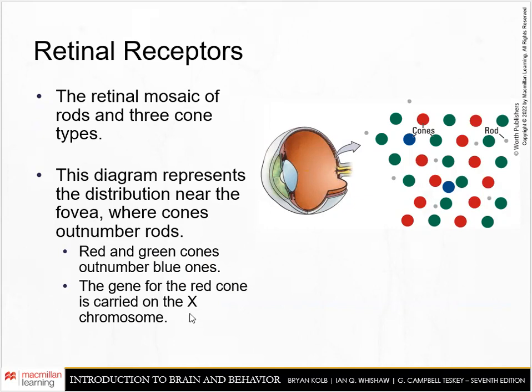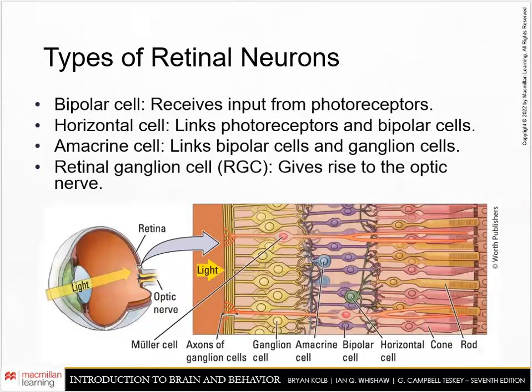If the gene for the red cone is carried on the X chromosome, that means that if your dad is colorblind, then there may be a greater possibility that that gene is not being passed along for you to be able to get the red cones as well. Which is also part of the reason why for males, there's just a higher probability of color blindness, interestingly enough.